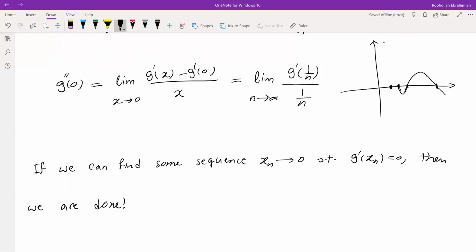Can I do that? Well, of course I can, because look at the graph that I drew. I know that the values of g of 1 and g of 1 over 2 are both 0. I know there's going to be a horizontal tangent line there, and I know there's going to be a horizontal tangent line here.